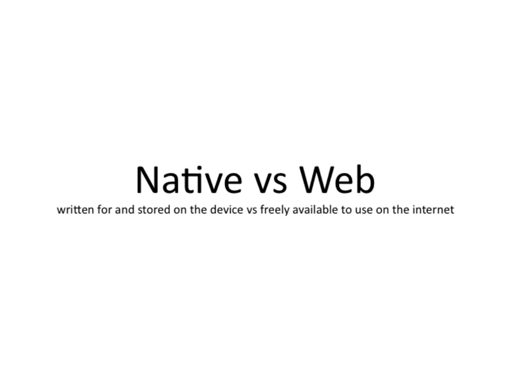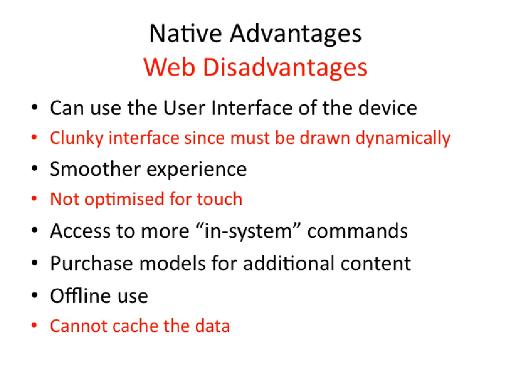The next thing to look at is which is best, writing your app for and stored on the device, as opposed to writing it for the web so it's freely able to use over the internet. Native apps have the advantage of being able to use the system UI, the user interface, which should be familiar to the user and does not need to be created by the developer.